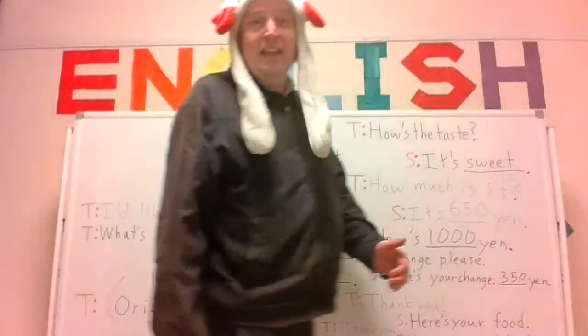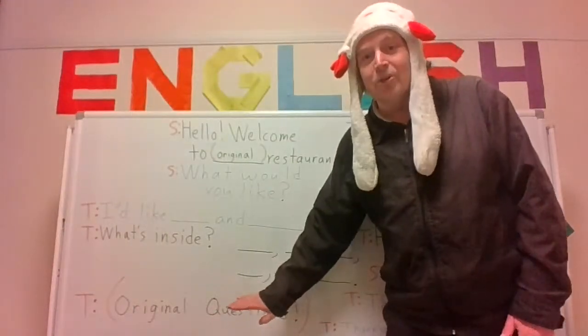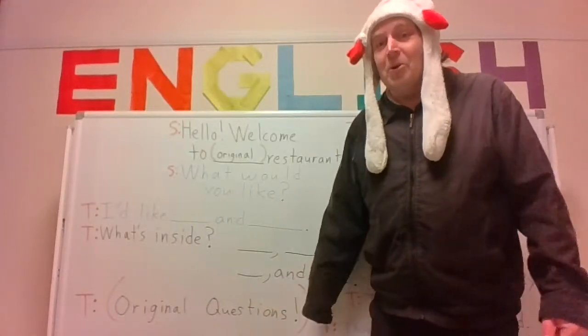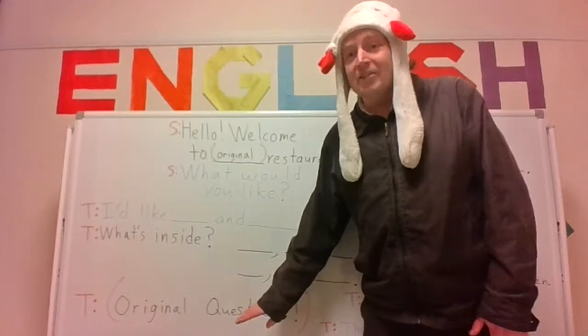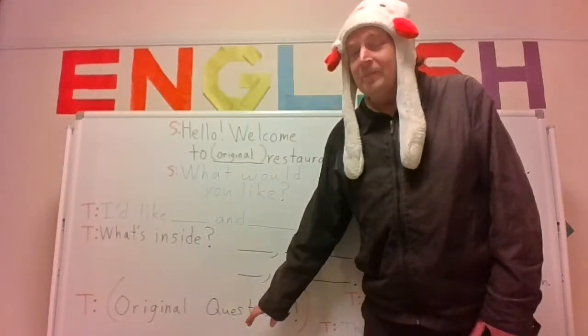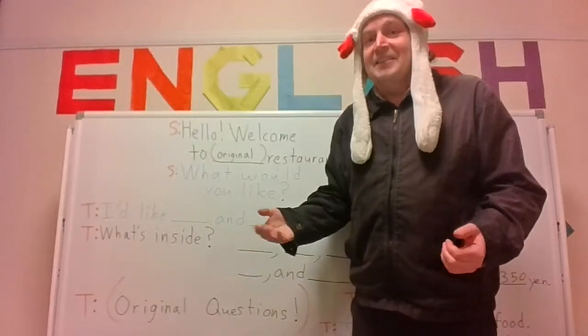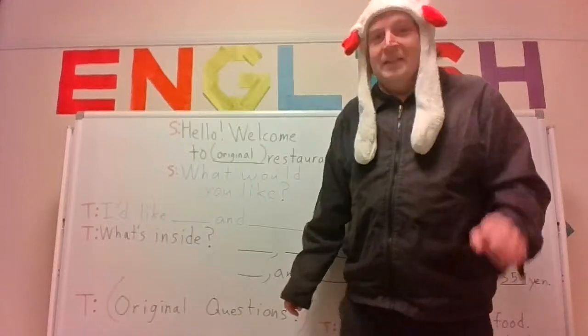After that, my teacher decided to add an original question. My students don't know what they're going to be asked. It could be something like, "How many tomatoes are in the hamburger? Are they small tomatoes? Are they big tomatoes?" It's just to test what they can do.